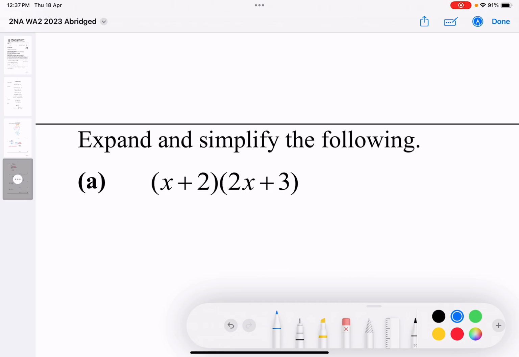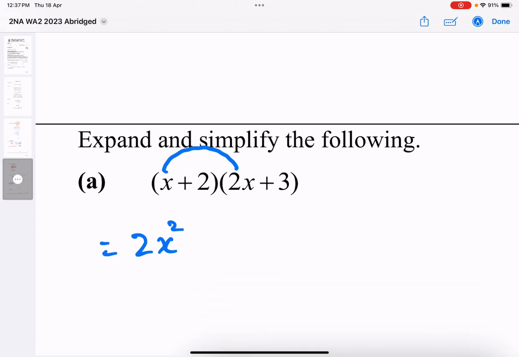Draw the arrow. X touches the first one. When it touches, it's not plus, it's times. X times 2x gives me 2x squared. Where does the x squared come from? X times x is x squared. Not 2x. X times x is x squared.